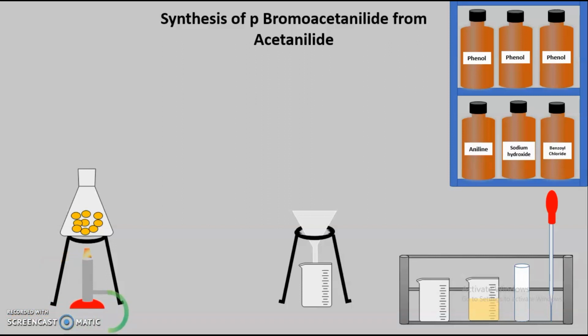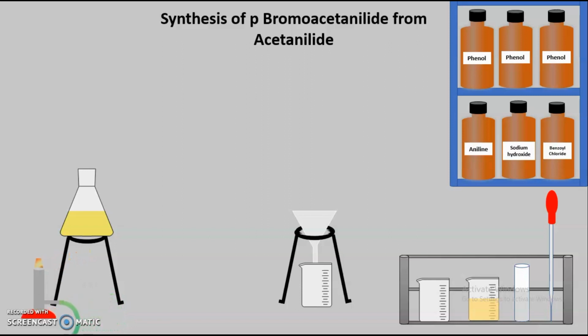Due to heating, our product will get solubilized as soon as our solution becomes hot. When this solution becomes hot, whatever soluble and insoluble impurities are there are separated from our product.